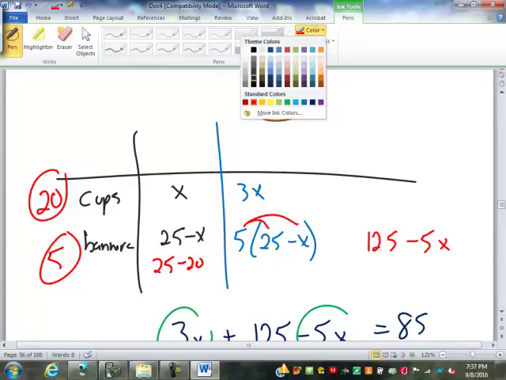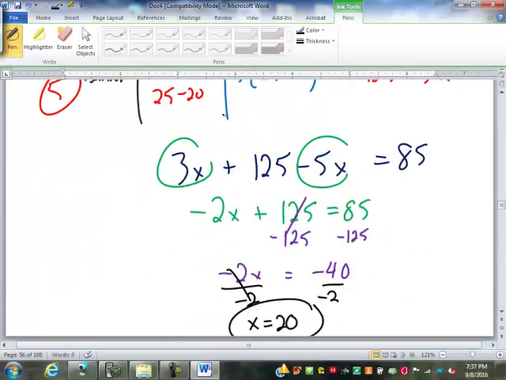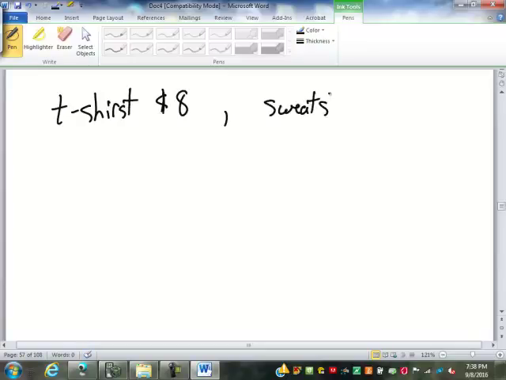I'm going to have you guys try a couple here, and then we'll call it a night. Let's say we're going to sell t-shirts for $8 each. Sweatshirts for $12 each.